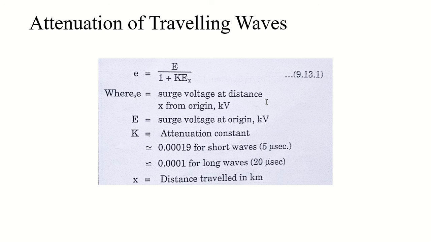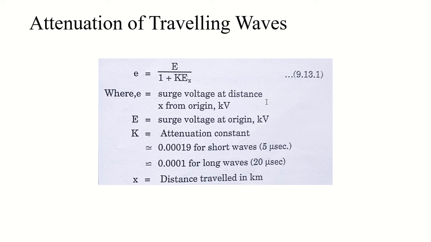K is the attenuation constant. The value of the attenuation constant for shorter waves is 0.00019, which is almost 5 microseconds, and for long waves it is 0.0001, almost 20 microseconds. And x is the distance along your transmission line in kilometers.